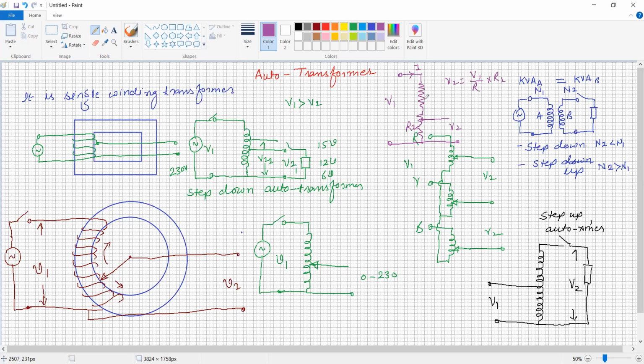So this circuit and this circuit are quite similar. So one may say that the auto transformer is similar to the voltage divider circuit, but it is not so.